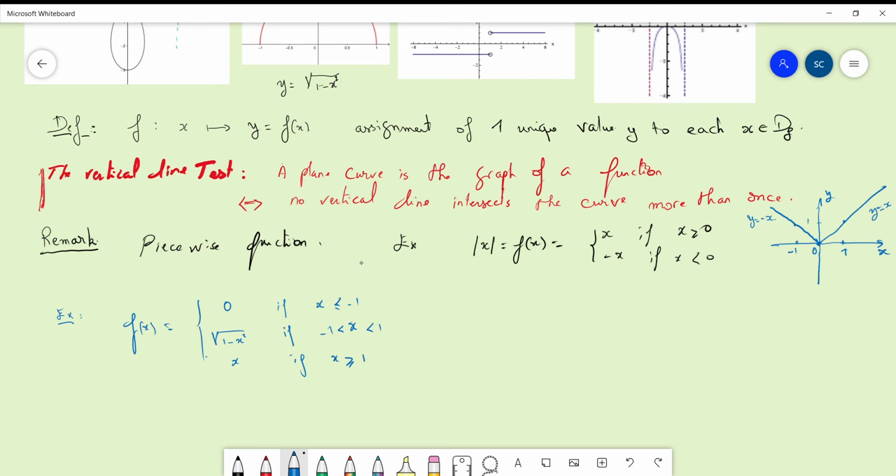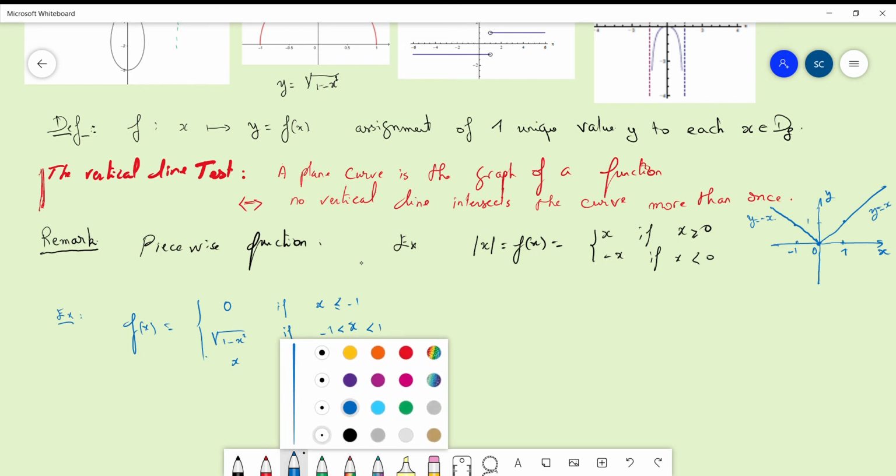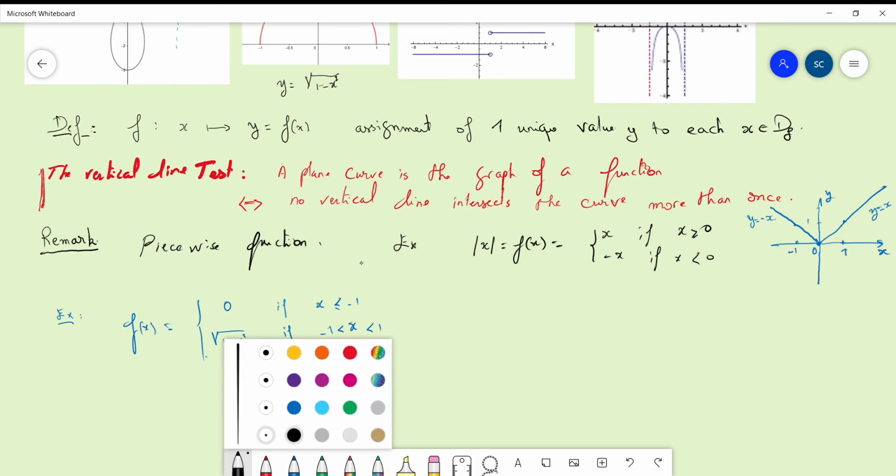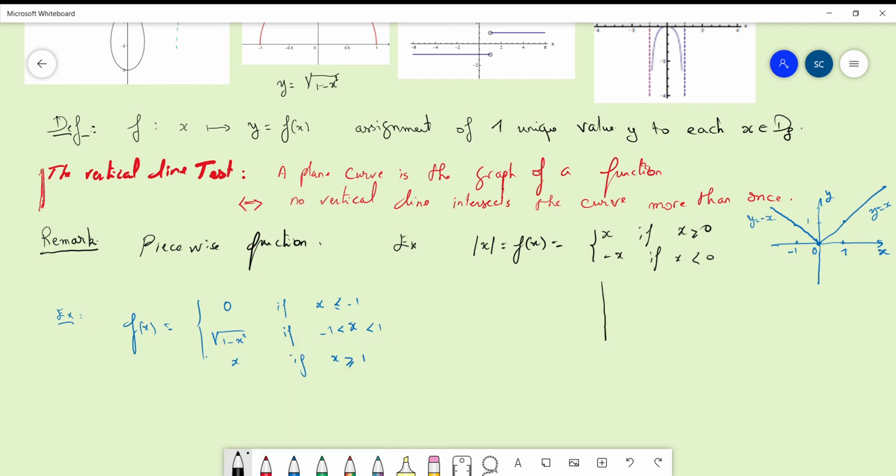Again here, I can graph my function. So let's do it. I recognize each part as a standard graph, so it's easy for me to do it manually. So there are limits minus 1 and 1, that's all.